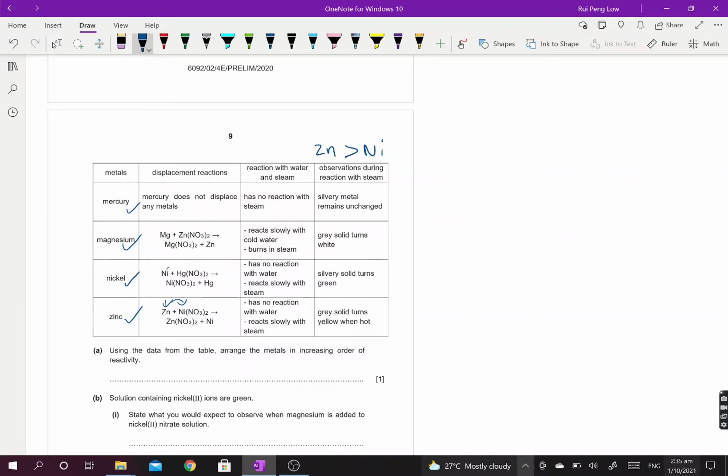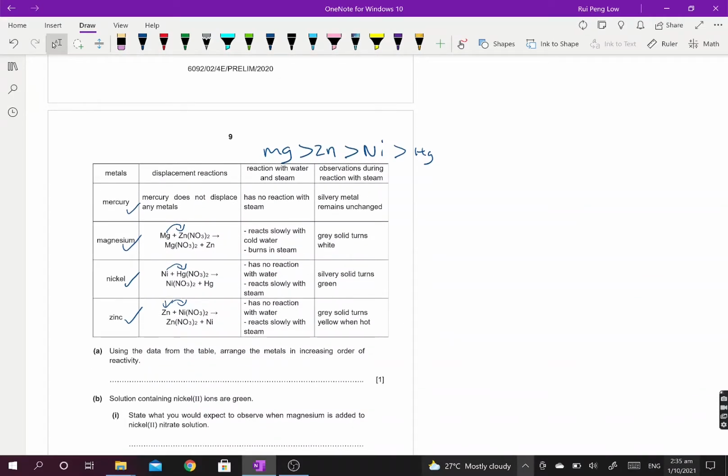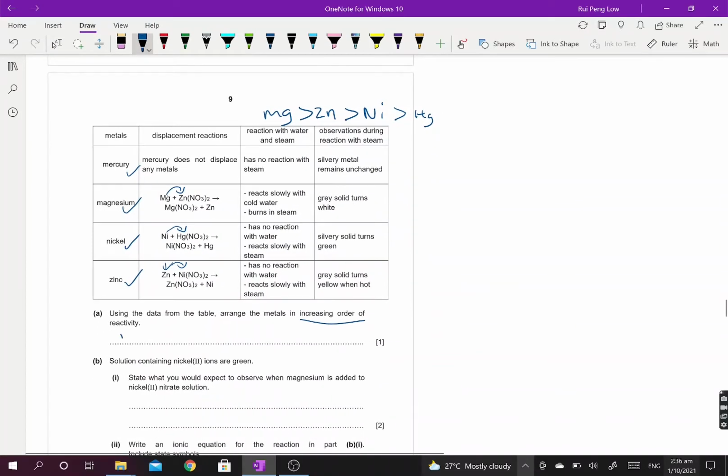And nickel can displace mercury, so nickel is more reactive than mercury. And magnesium can displace zinc. So this is my order: magnesium more reactive than zinc, zinc more reactive than nickel, nickel more reactive than mercury. But they want it in increasing order, so it will be Hg followed by nickel, followed by zinc, followed by magnesium. Okay.